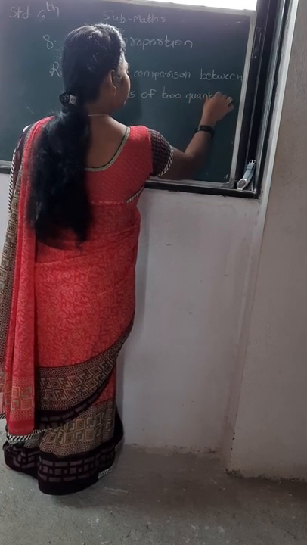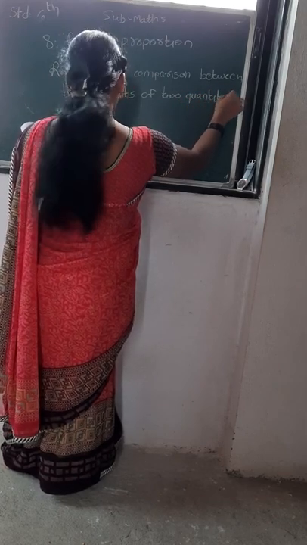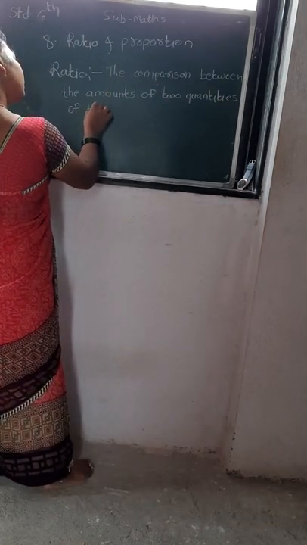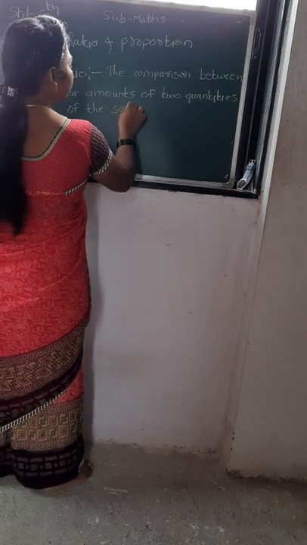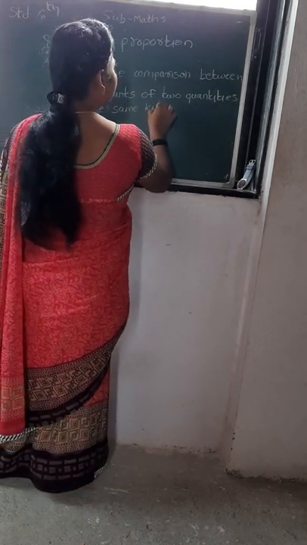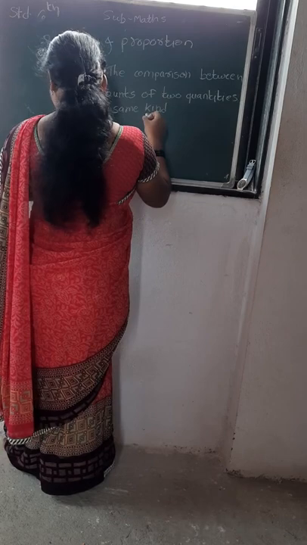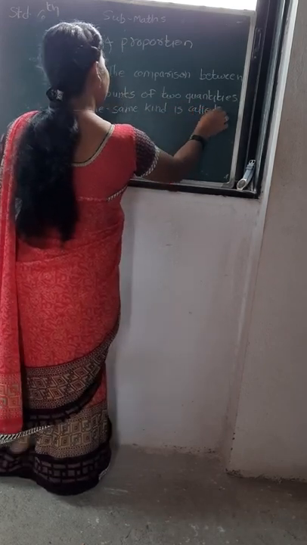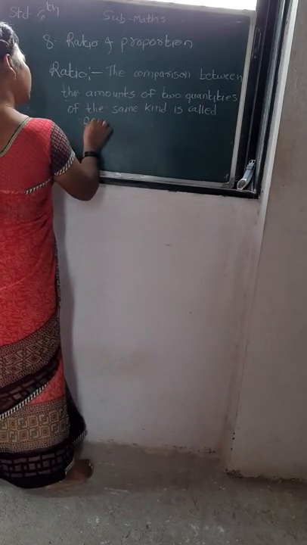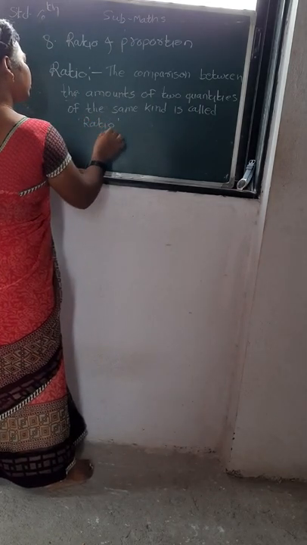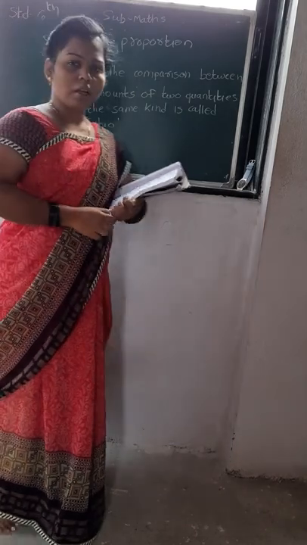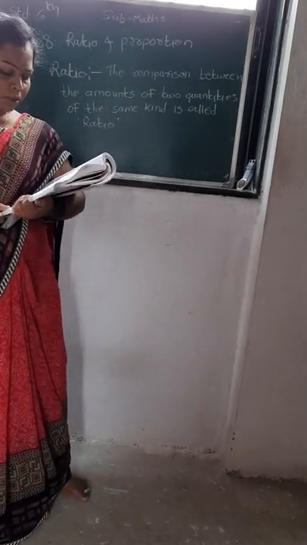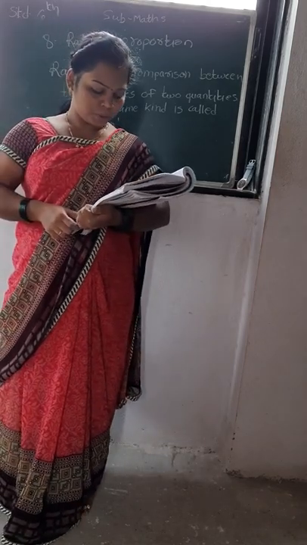The comparison between amounts of two quantities of the same kind is called a ratio.